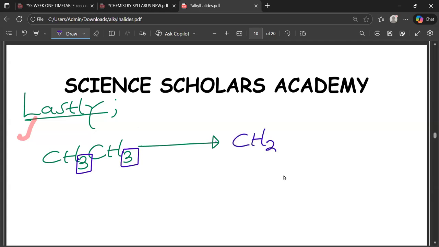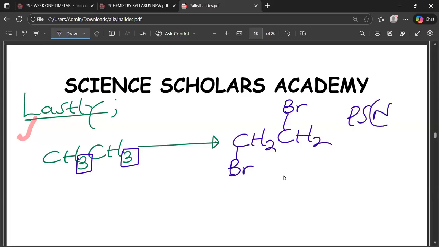You may have CH2 and CH2. This one may be replaced with Br, and also this one may be replaced with Br. We saw this in alkenes.